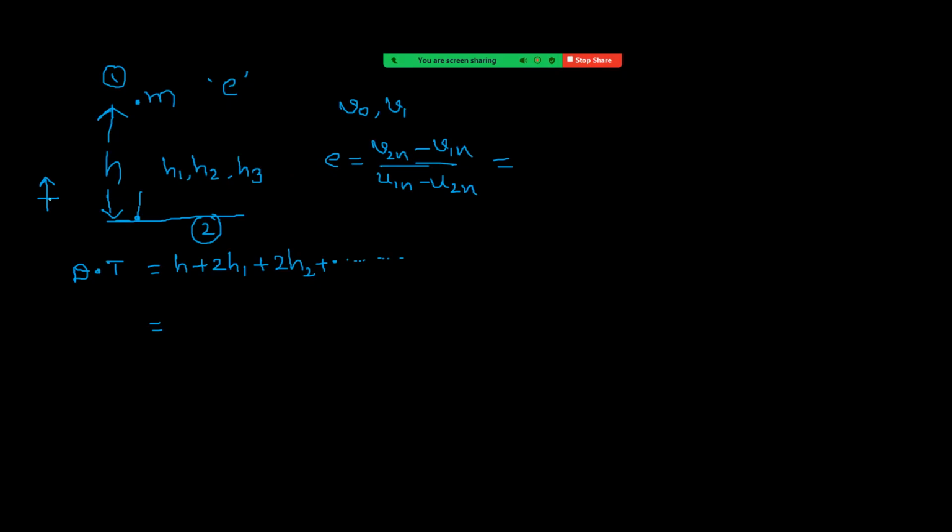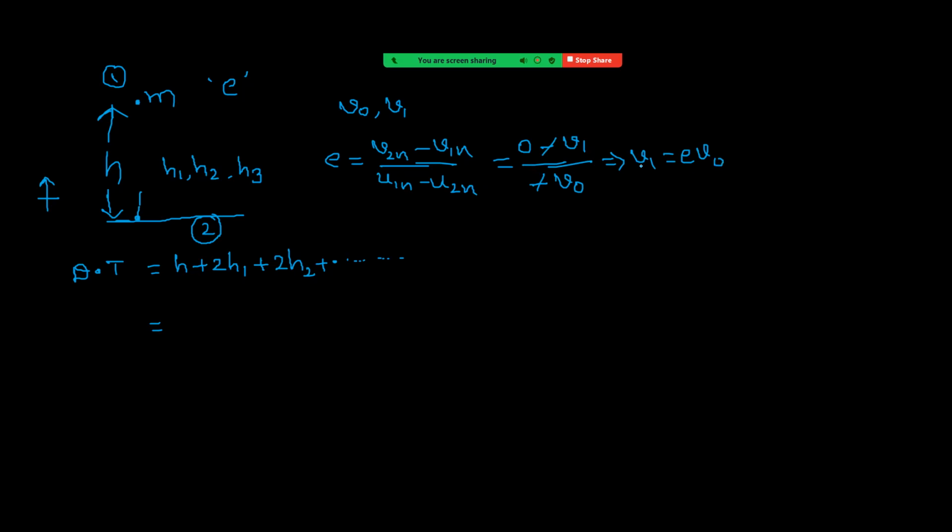According to our sign convention, up is positive, then down is negative. Okay, up is positive. So v2n is 0 minus v1n; after collision, the direction of velocity is upwards, therefore it is v1 positive, upon u1n, before collision velocity downwards, negative, so minus v naught. Minus gets cancelled. From this, what can I write? v1 is equal to e times v naught.